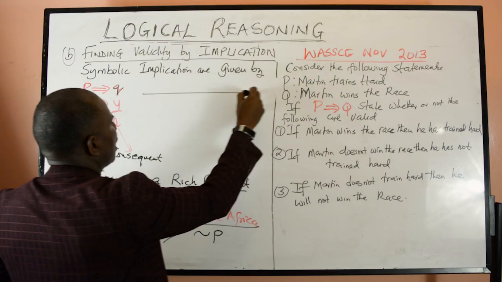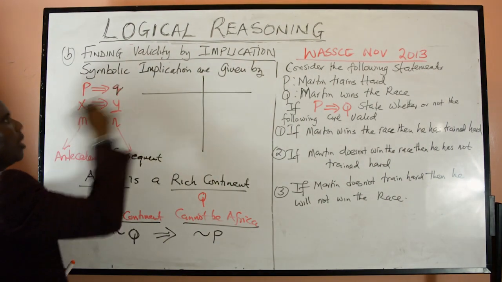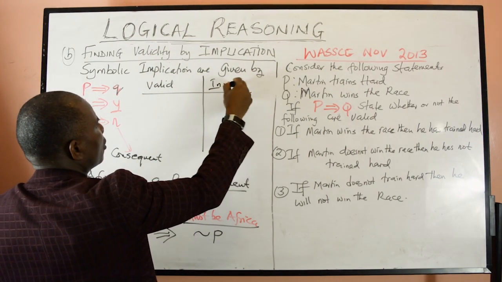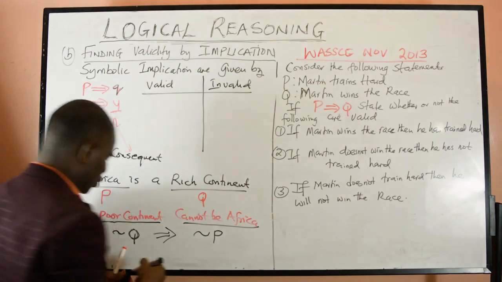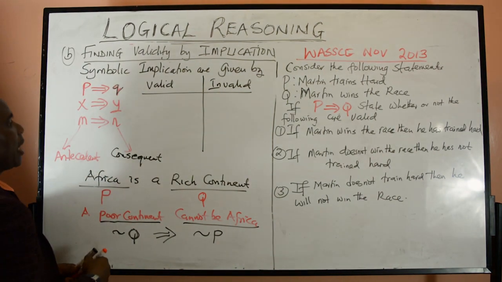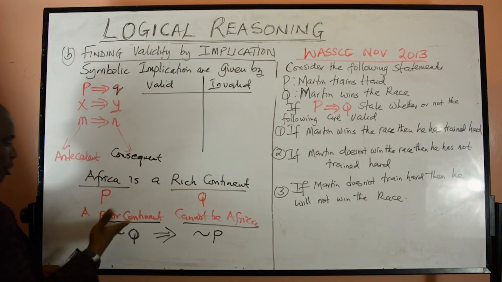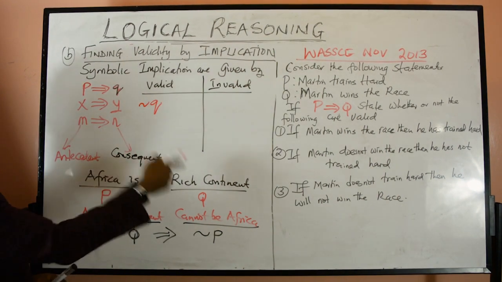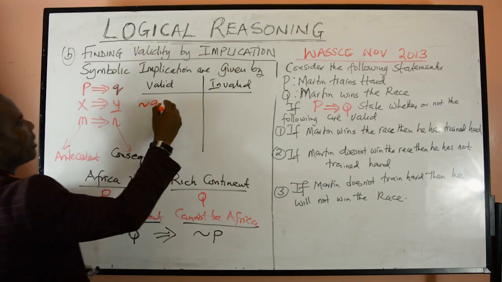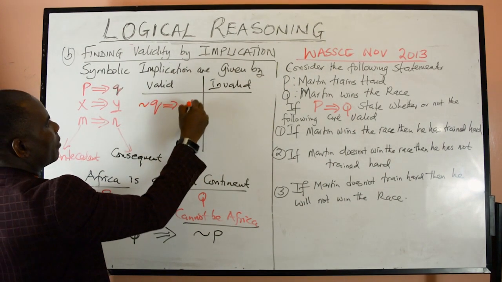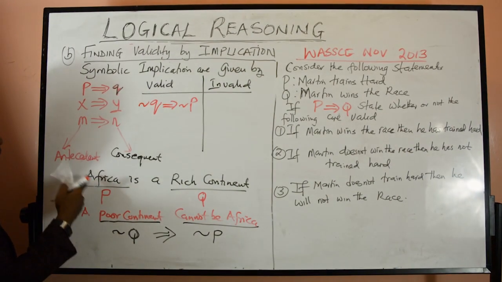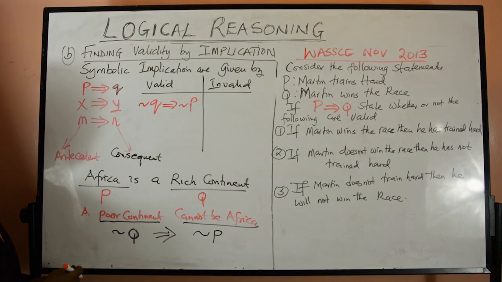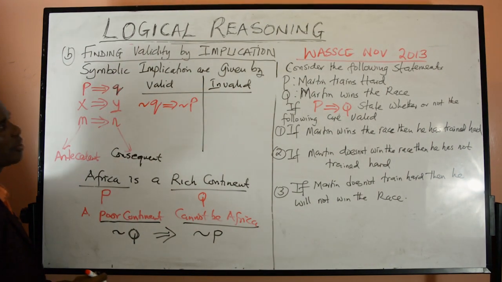So I can draw a table here: the valid assertion for an implication, and the invalid assertions. Every combination that has negate Q, the consequence being negated, implying the negation of the antecedent, is the only time it becomes valid. Any other combination is going to be invalid.